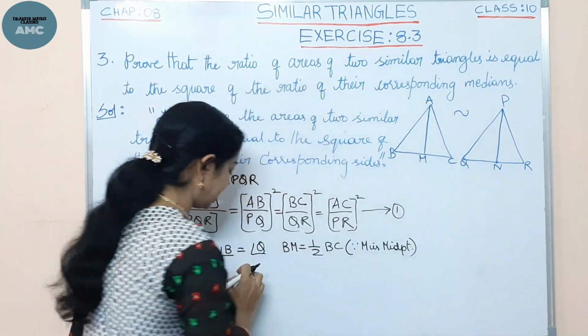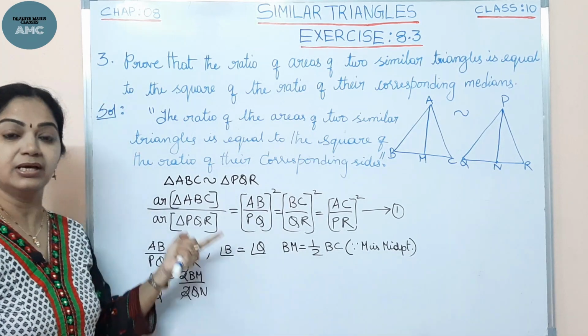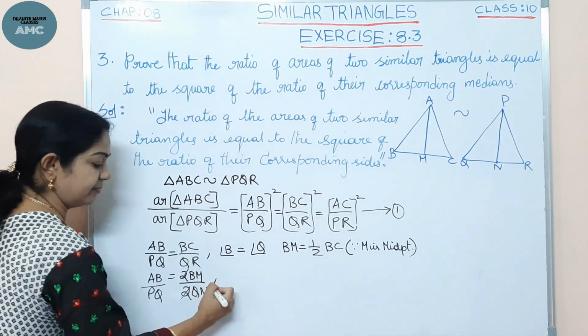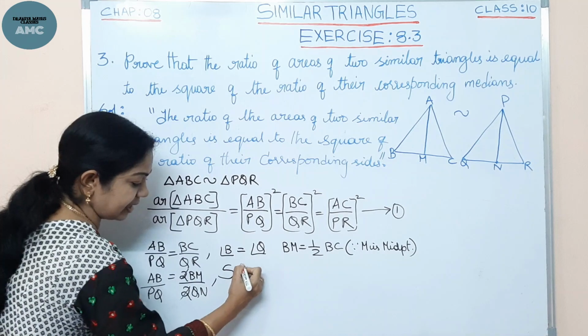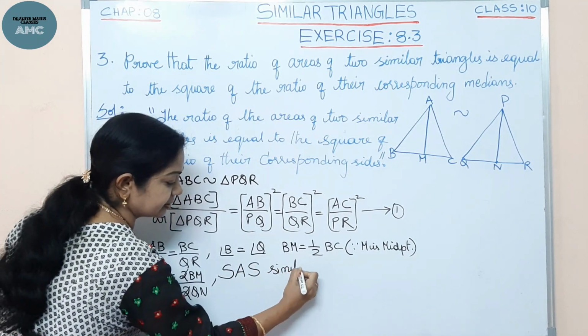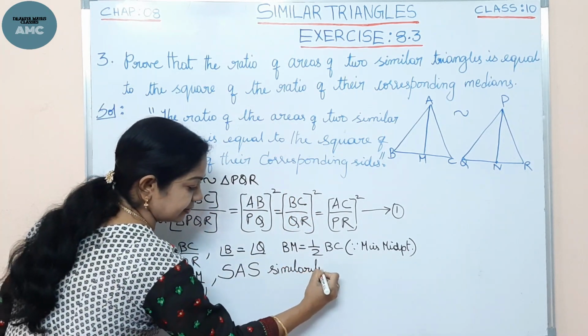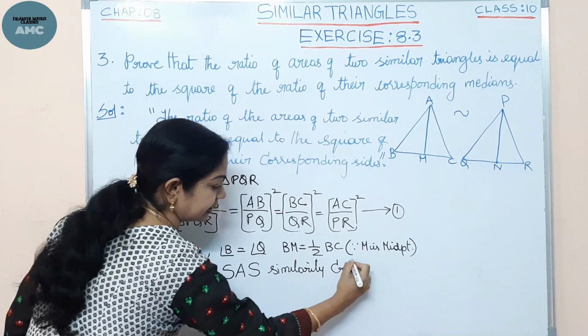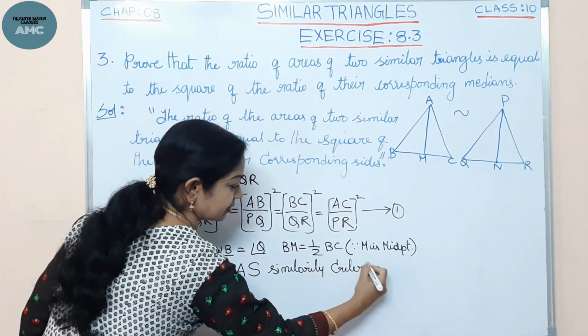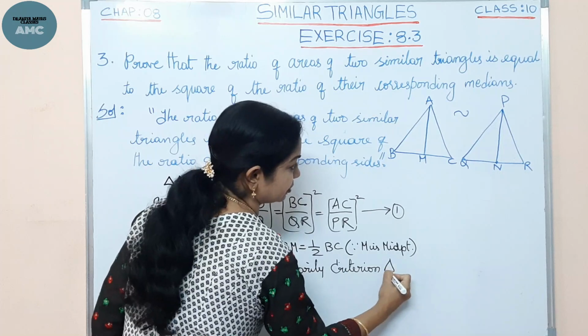And also we know the included angles between the two sides, B and Q, are equal. So from the side-angle-side similarity criterion, two sides are proportional and the included angle is equal, so we can say that these small triangles are similar to each other.